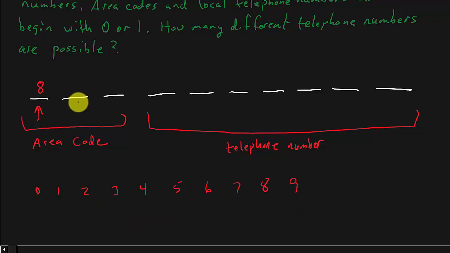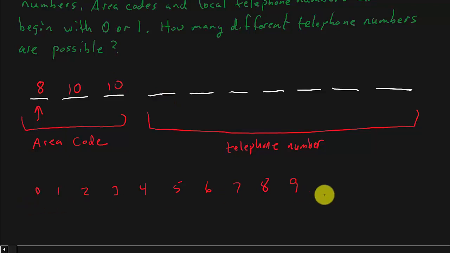And then in the second spot, how many choices do I have for the second digit? Well, there's no restrictions on it. It can be any one of these digits here. So I have 10 choices for the second spot. How many choices do I have for the third spot? Any one of these digits, so 10 choices. Now let's go to the telephone number.